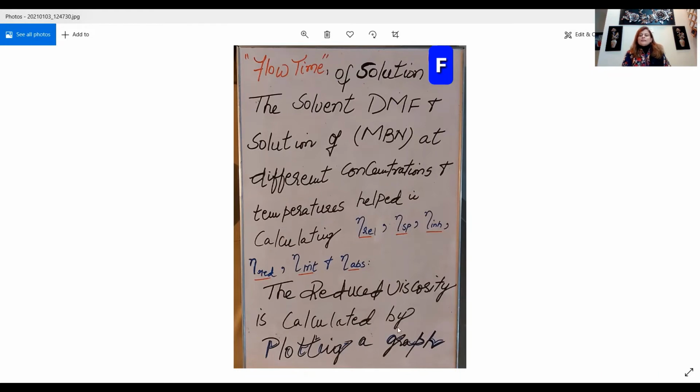The reduced viscosity is calculated by plotting a graph, as I have mentioned earlier, between reduced viscosity and concentration. So let's see if I can find that graph.